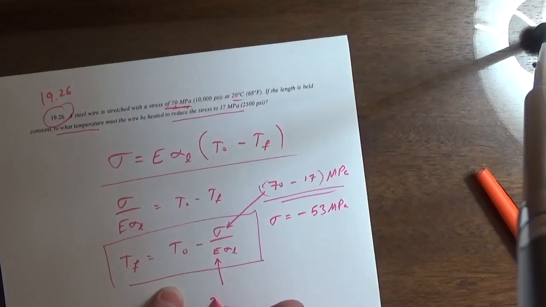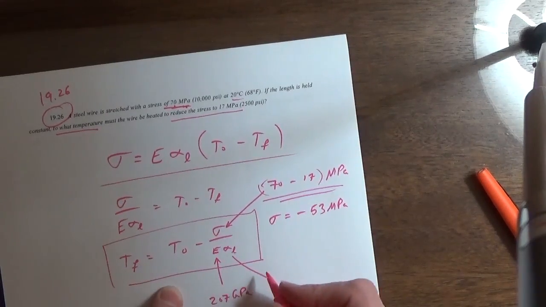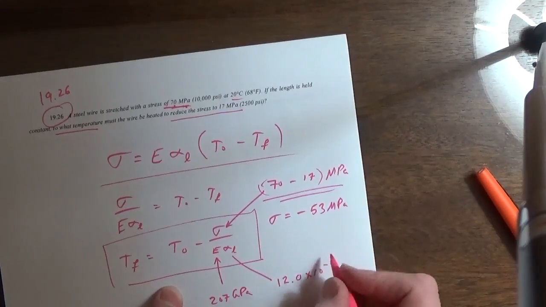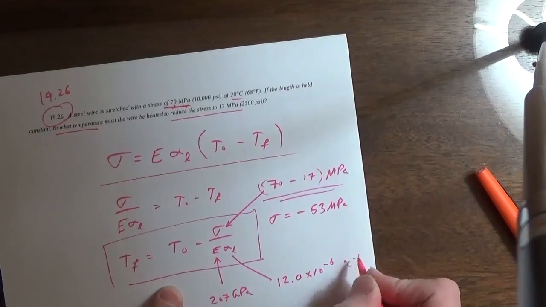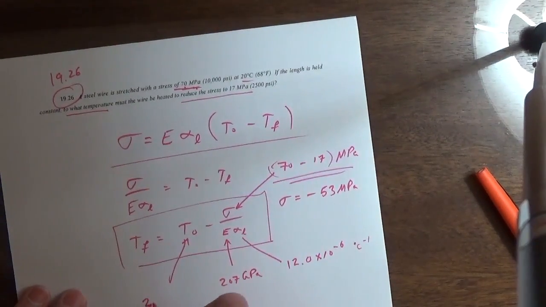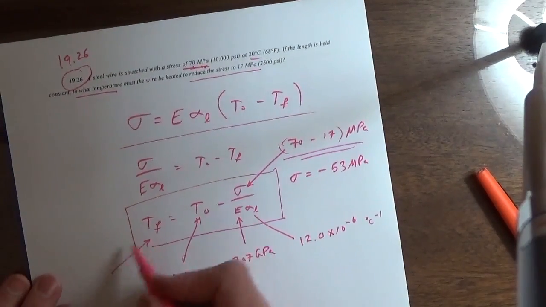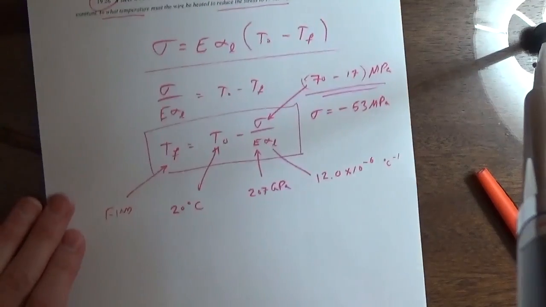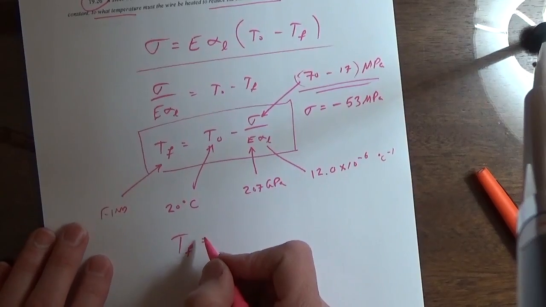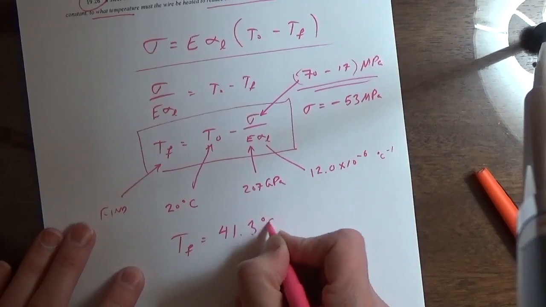Young's modulus is around 200 gigapascal for steel. Alpha L is equal to 12.0 times 10 to the minus 6 inverse degrees C. Our initial temperature was 20 degrees C. This we're solving for, and we get TF is equal to 41.3 degrees C.